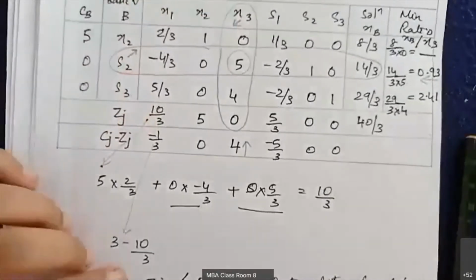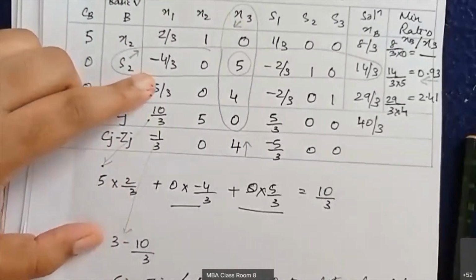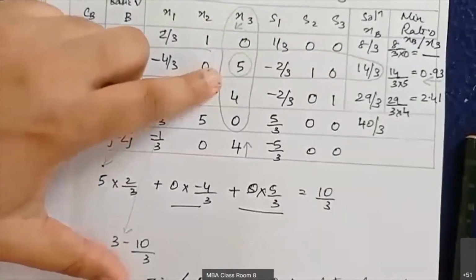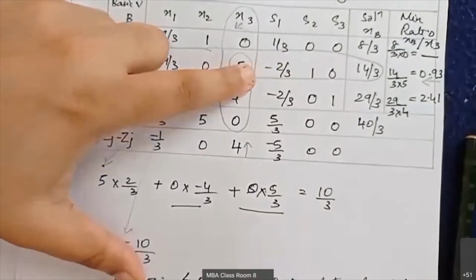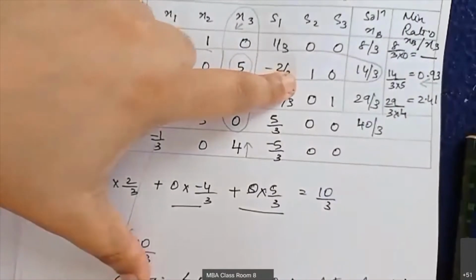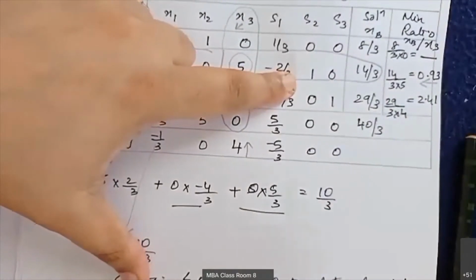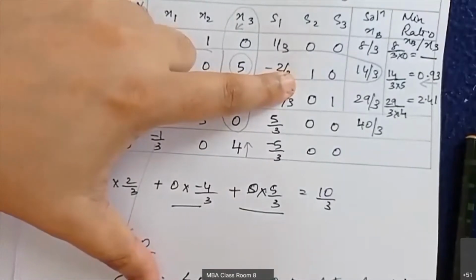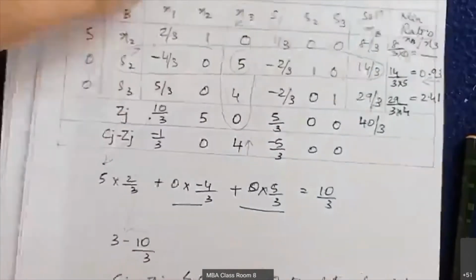Now tell me the numbers of R2 old. R2 old is minus 4 by 3, then 0, then 5, minus 2 by 3, 1, 0 and 14 by 3. Dividing by 5 means multiplying by 1 by 5 in the denominator.